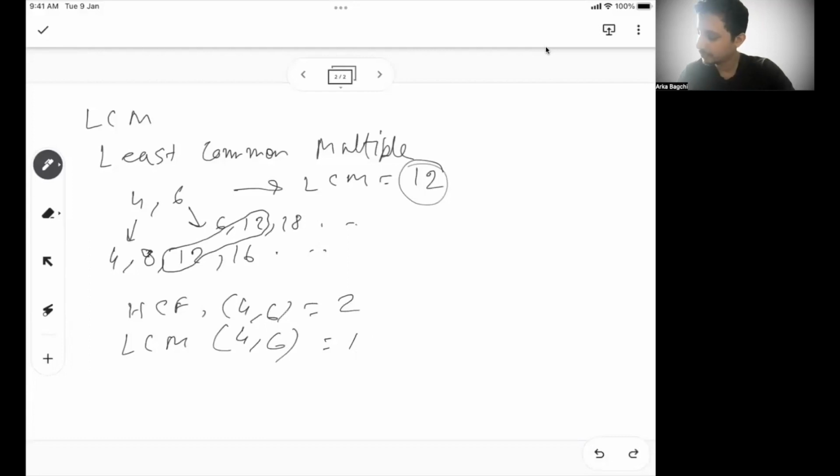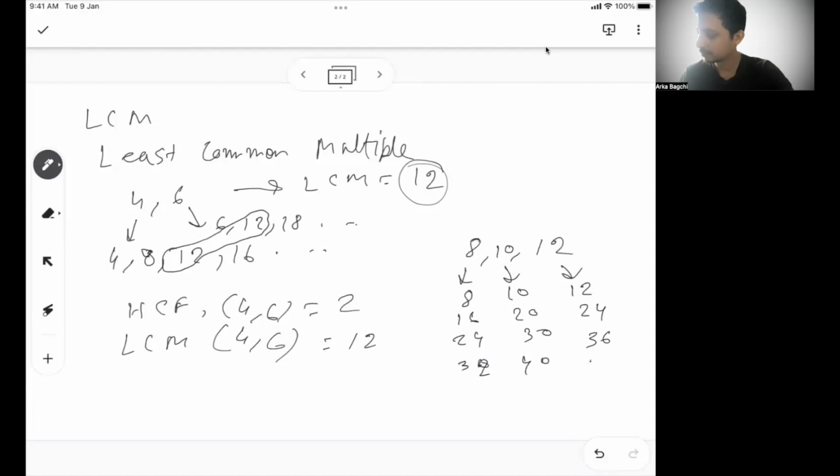Similarly, for 8, 10, 12, what is the LCM? 8 has multiples 8, 16, 24, 32, and goes on. 10 will have 10, 20, 30, 40, and so on. 12 will have 12, 24, 36, 48, and so on.